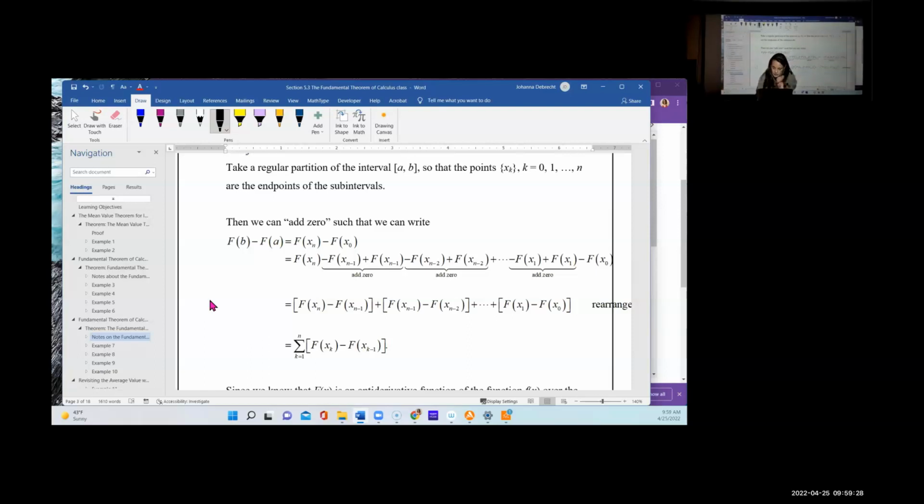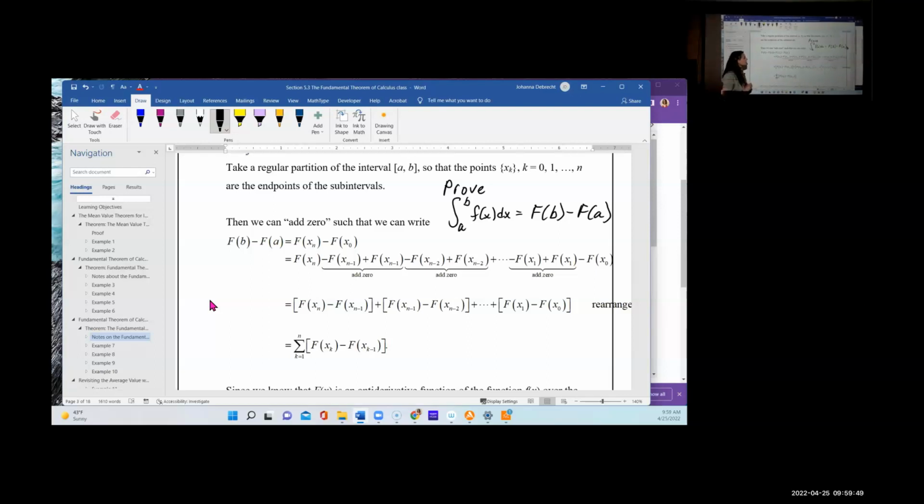Remember that we are trying to prove that the definite integral from a to b of f of x dx is equal to any antiderivative evaluated at the upper limit minus the same antiderivative evaluated at the lower limit.